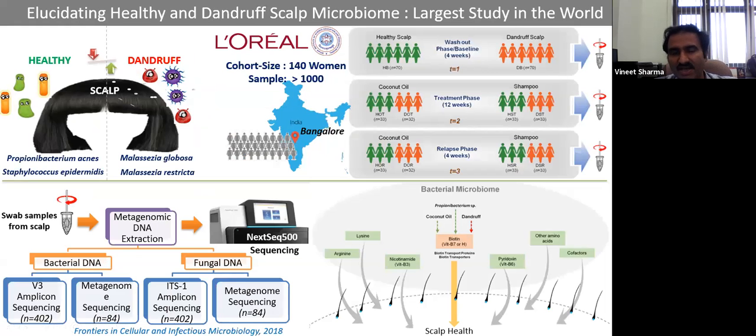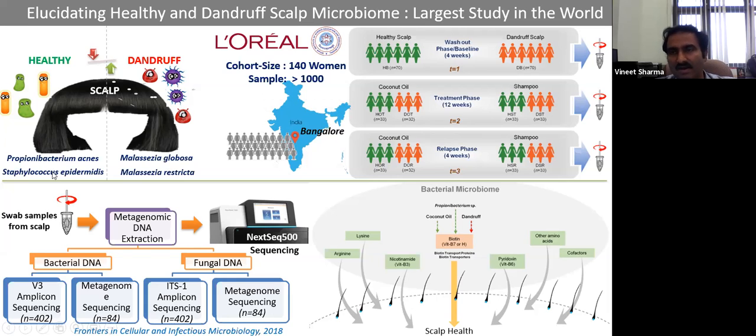So we did the largest scalp microbiome study in the world so far in association with L'Oreal, and we looked at the healthy and dandruff scalp microbiome, right? The cohort was large, more than 1,000 samples. And typically it was known from 16S-based, amplicon-based studies that there are two main players in bacteria. We looked at both bacterial and fungal microbiome.